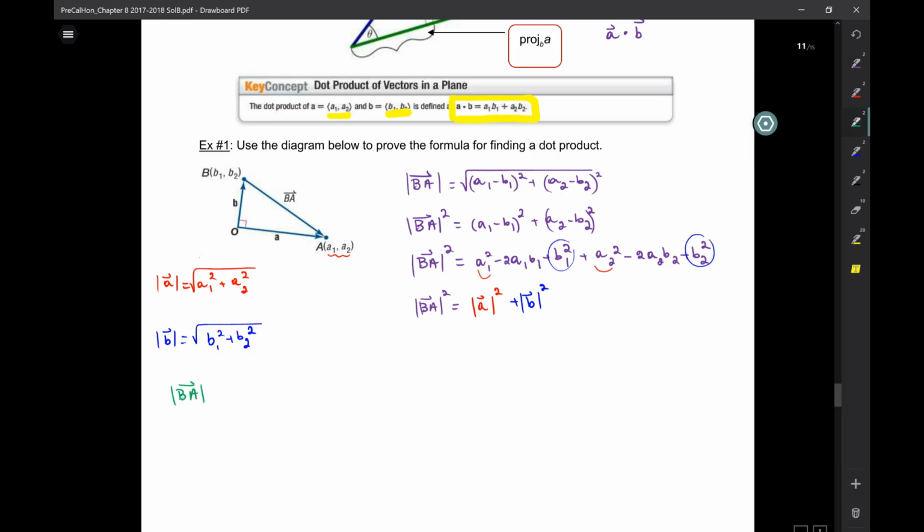BA squared is equal to what? The magnitude of A squared plus the magnitude of B squared, right? That's what we get from the Pythagorean theorem. But take a look. When I was looking for the magnitude of BA, I have this plus I have some extra stuff. Is that right?